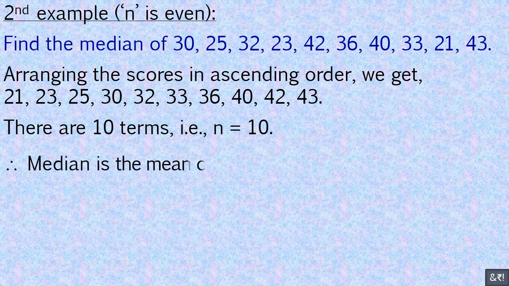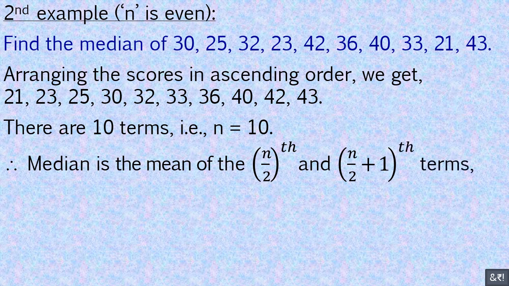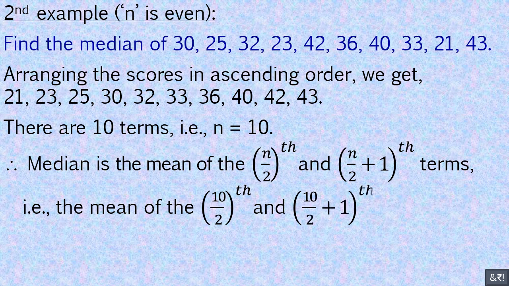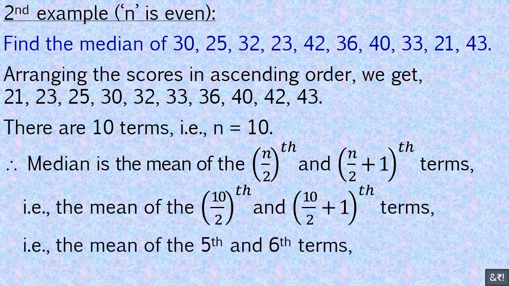Therefore, the median is the mean of the n upon 2 th and the (n upon 2 plus 1) th terms. That is, the mean of the 5th and 6th terms. That is, the mean of 32 and 33, equals (32 plus 33) divided by 2, equals 65 divided by 2, equals 32.5. Therefore, the median is 32.5.